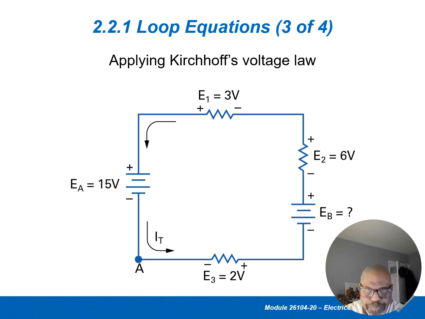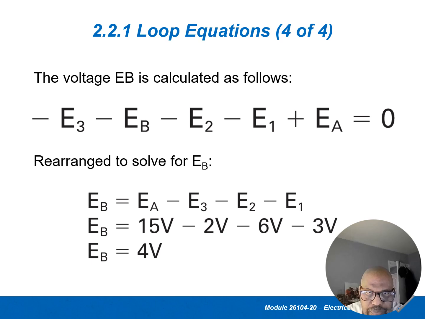Again, we can determine what the voltage on the other side is. So if we look at that, we have 3 volts, 2 volts, and 6 volts. So 3, 5, 11, we get 15. So this must be 4. And this mathematically will show exactly what it is.